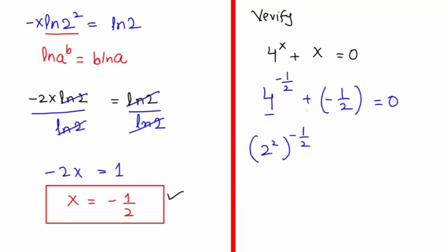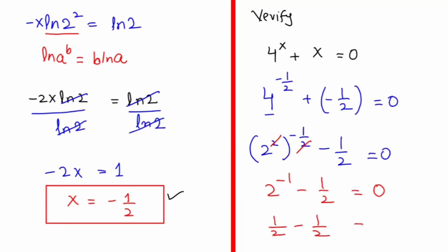This will turn to 2 to the power of 2 times negative 1 over 2, plus negative 1 over 2 is equal to 0. Here this and this get cancelled, so 2 to the power of minus 1, plus minus 1 over 2. Now I can write this 2 to the power of negative 1 as 1 over 2, minus 1 over 2. So here left hand side is equal to the right hand side. So the value of x we found is absolutely correct.